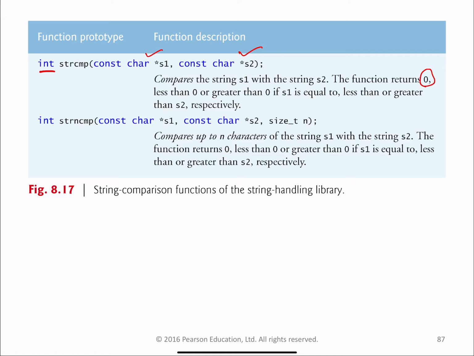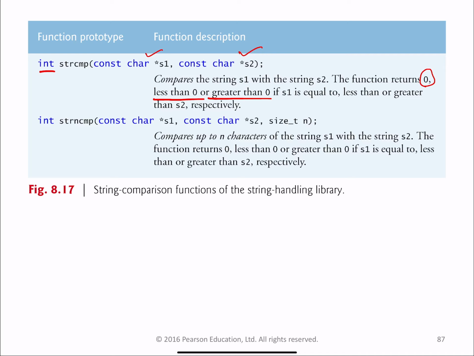If they're not equal, strcmp returns a number that is either less than 0 or greater than 0, but definitely not 0. I'll talk a little bit more about when it returns which number, when less than 0, when greater than 0, near the end of this section.